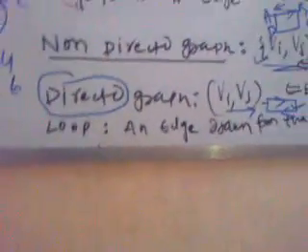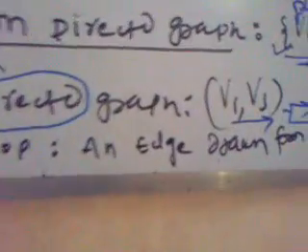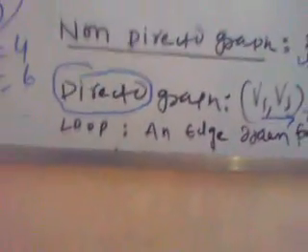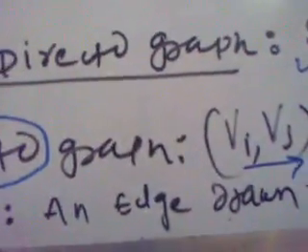Next is the loop. The definition of a loop is: an edge drawn from a vertex to itself is known as a loop.